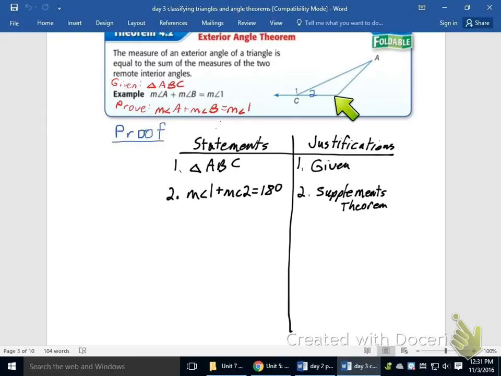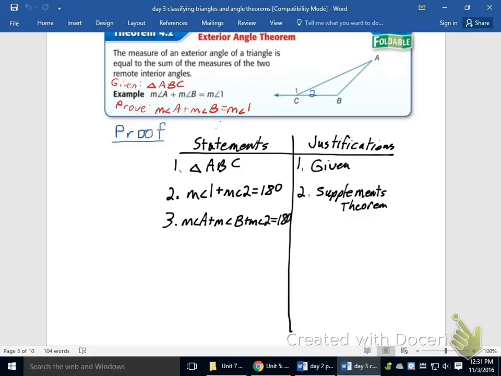And I can, and the fact is that when you look at angle A and angle B, there is an equation that involves it that also equals 180 if I add in angle 2 with it. So I can say, for step 3, that the measure of angle A plus the measure of angle B plus the measure of angle 2 equals 180.